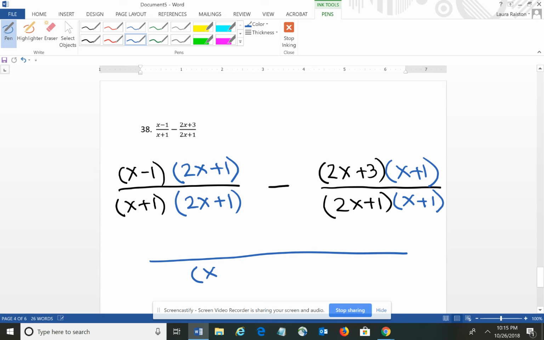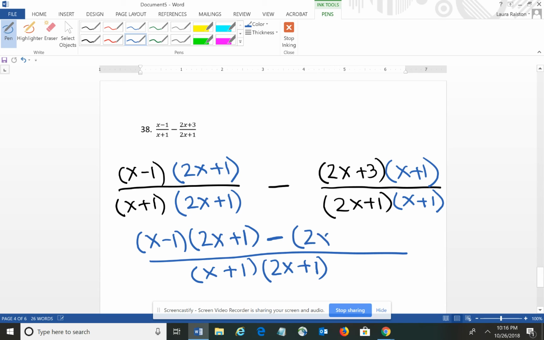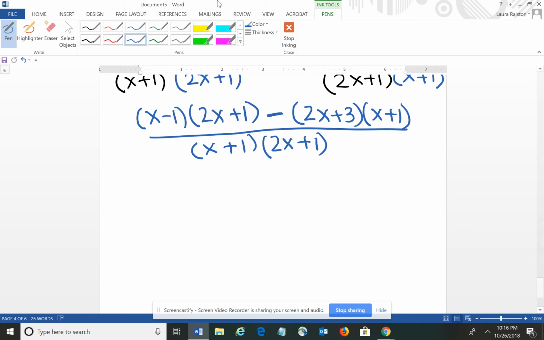Once I have that common denominator of x plus 1 times 2x plus 1, I keep it, and then in the numerator I have x minus 1 times 2x plus 1 minus, watch the minus sign, 2x plus 3 times x plus 1. I do have to try to simplify that, just like with fractions, you always want to simplify.